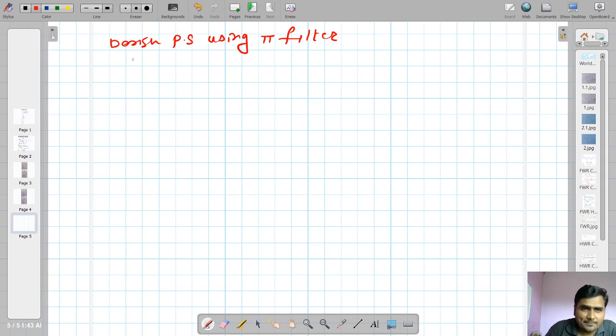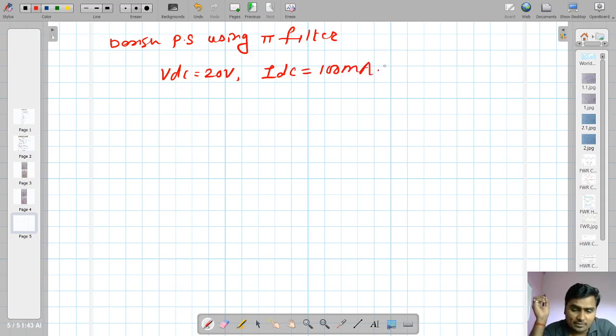So I will write VDC equals 20 volt. Design a power supply using pi filter to provide VDC of 20 volt at 100 milliamperes. Means IDC is also given, that is 100 milliamperes. What else is given? With a ripple factor of 0.01%.